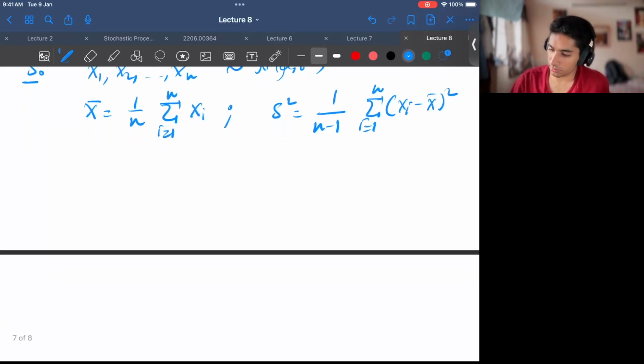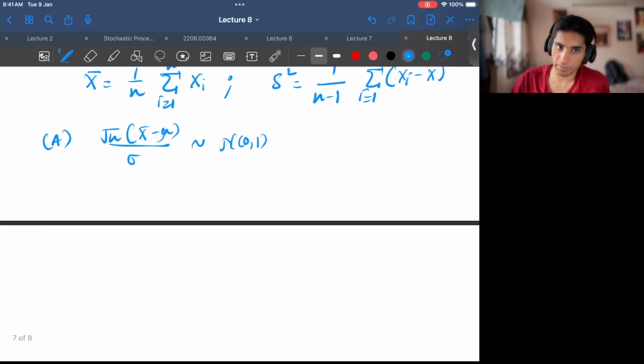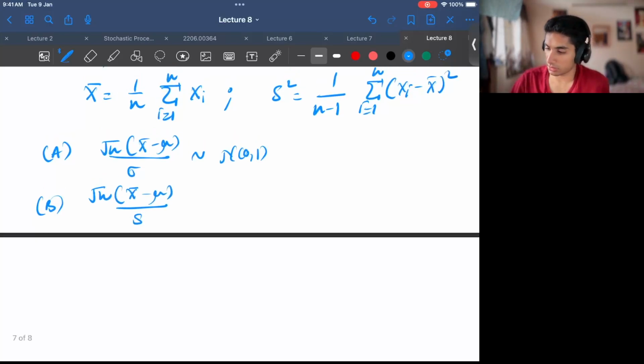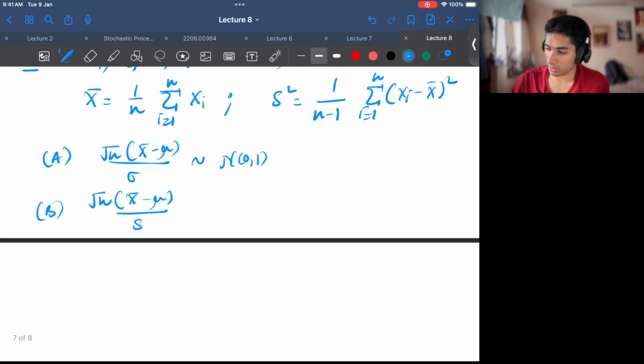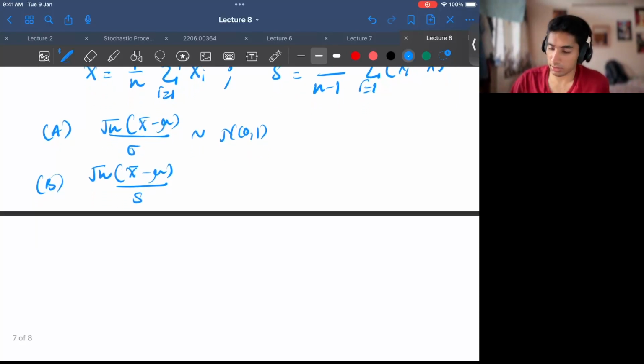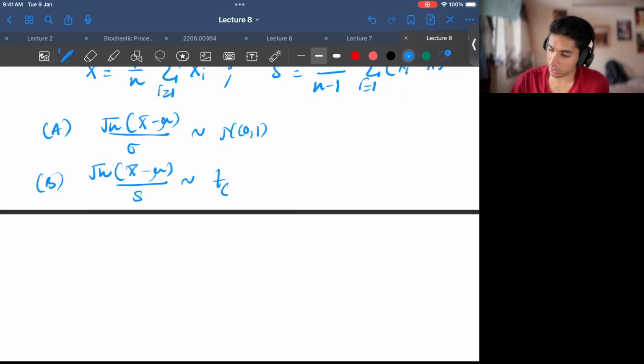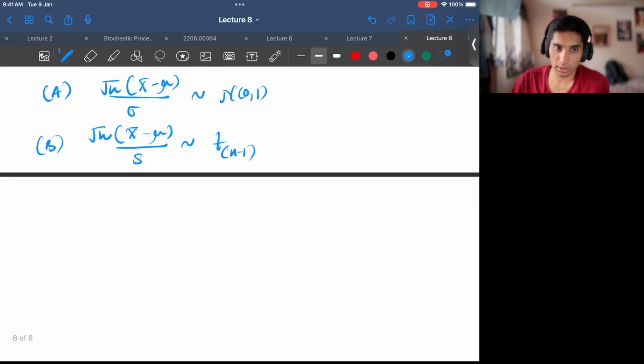Which one is not true? Option A is root n x bar minus mu over sigma is normal 0 1, standard normal. Option B is root n x bar minus mu by s is distributed according to T distribution with n minus 1 degrees of freedom.